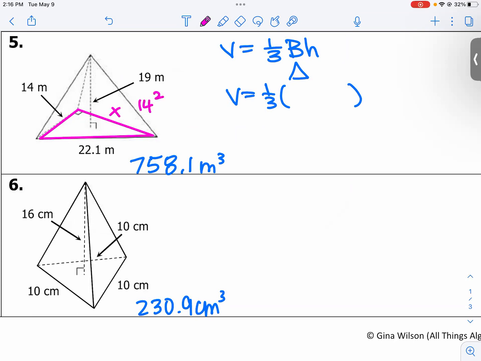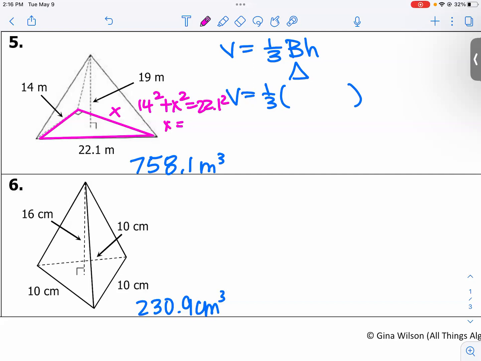So 14 squared plus x squared equals 22.1 squared. I just did 14 times 22.1. That's why you got it wrong. Now, let's talk about why that was wrong. Wait, Miss Holman, I did 22.1, but then for the missing side, I got 22.1. That doesn't seem right.